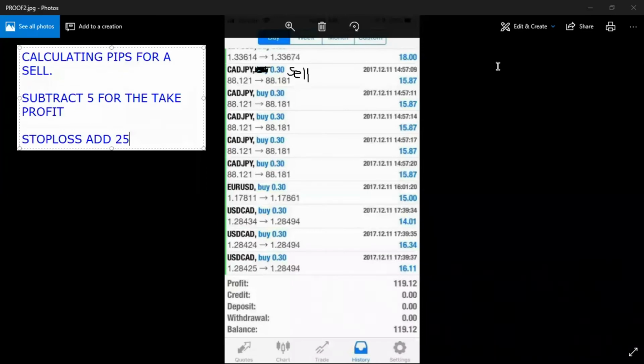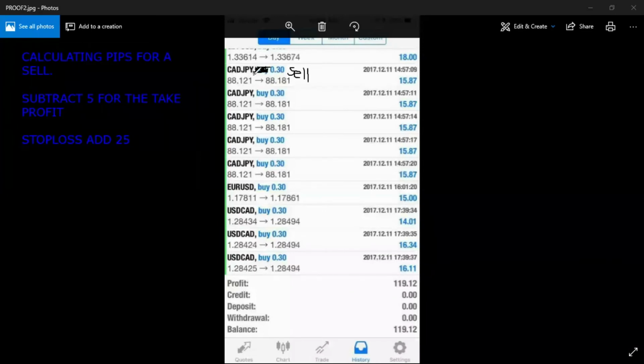Okay, so we're still using the CAD JPY right here for our example. So we have 8. What is this last digit called? The pipette, right. We are looking for our take profit for a sale.